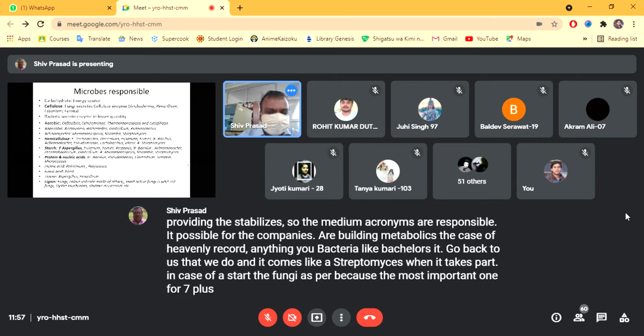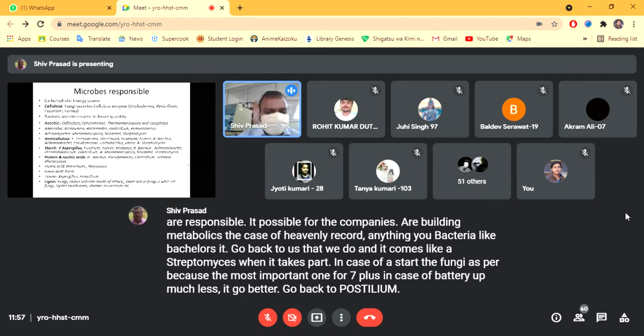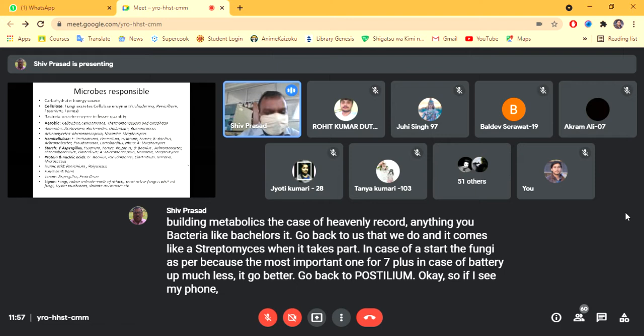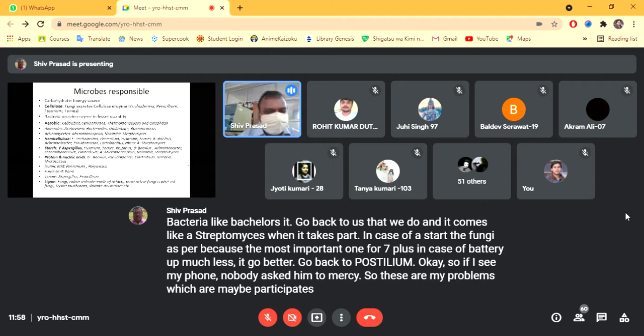In case of bacteria, Bacillus, Achromobacter, Chromobacterium, Clostridium. In case of Actinomycetes, Micromonospora, Nocardia, Streptomyces. So these are the microorganisms which mainly participate in starch metabolization and decomposition.